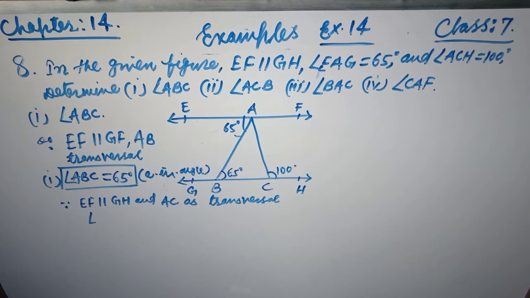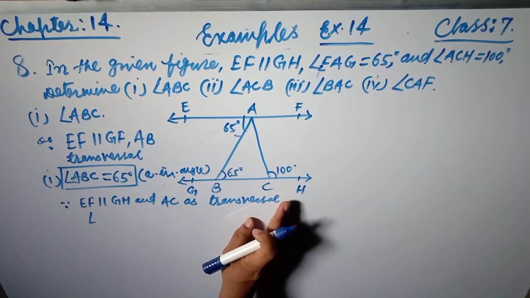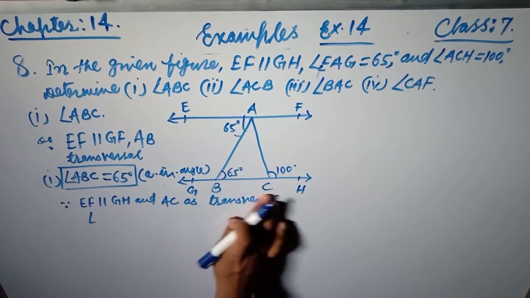There are so many ways to write down the angles, but simply, because we have to find ACB, it is very simple.